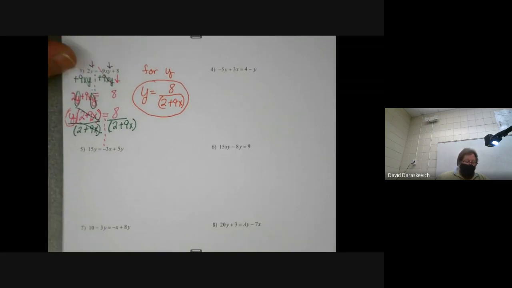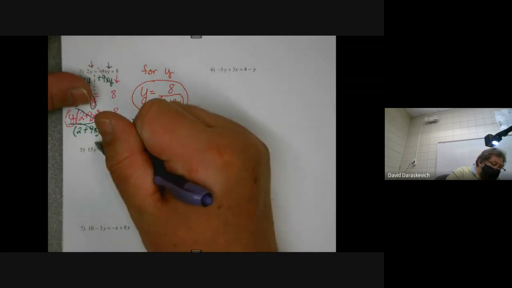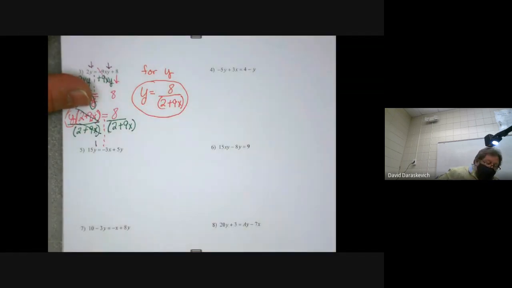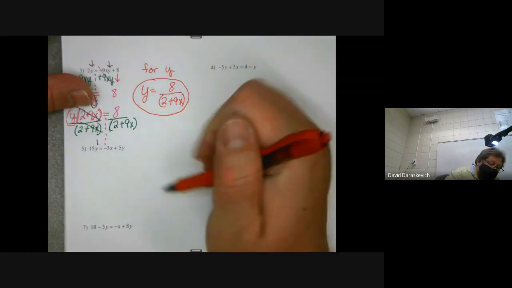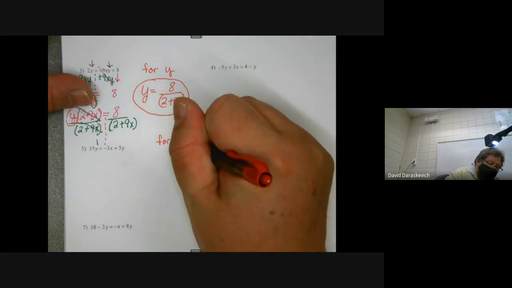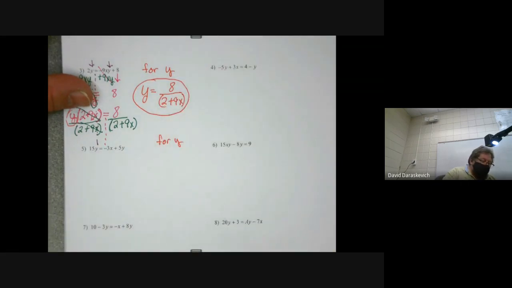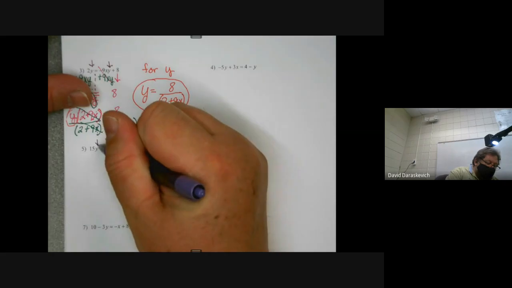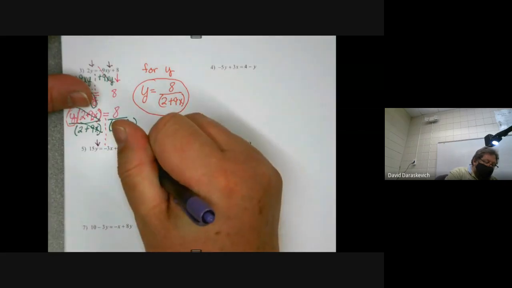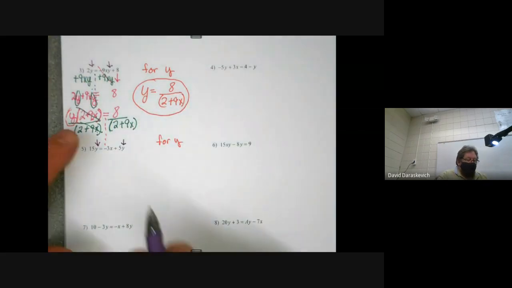Now, if you notice in number 5, now we're doing for y. I'm going to write that over here so I don't forget. If you notice, I have y in 2 terms. Okay.